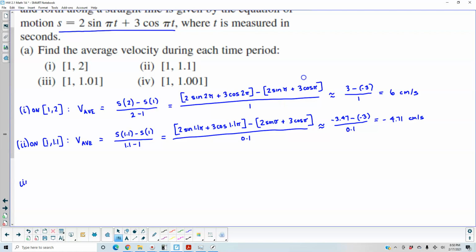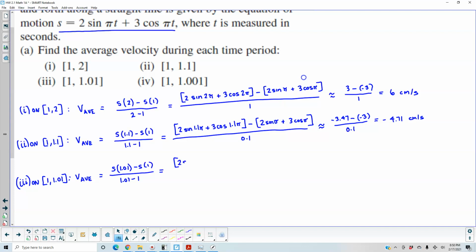Okay, let's go to number 3. And on that interval, we're going from 1 to 1.01. So here is our average velocity: s of 1.01 minus s of 1 all over 1.01 minus 1.